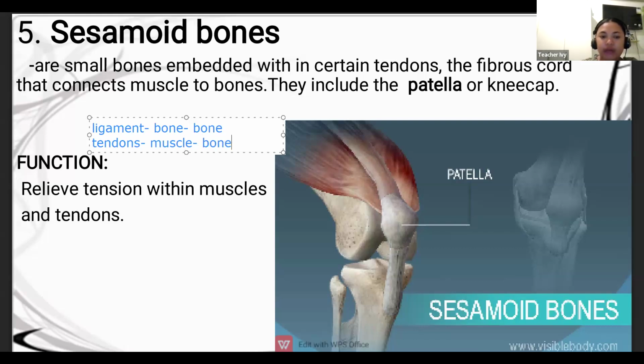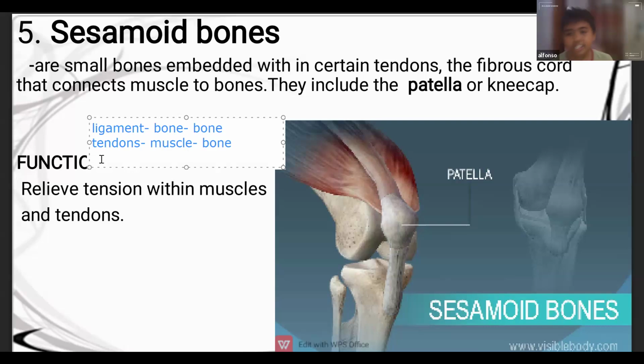Now, do we still have another type of connective tissue that we missed? Yes, Noel? Let's have Noel first, Alfonso. Noel, can you give me the last type of connective tissue? I don't know, Miss. You forgot also. What about Inda?